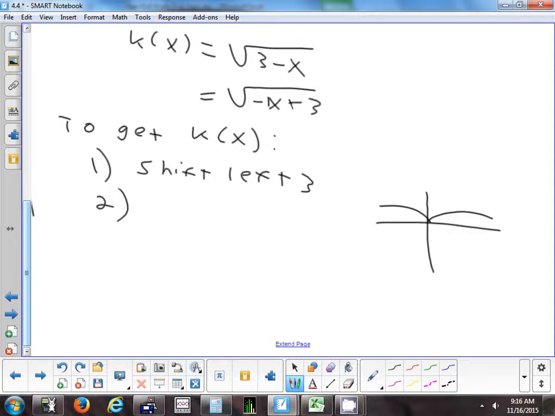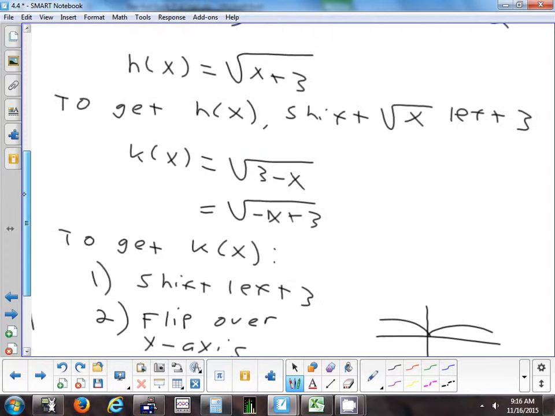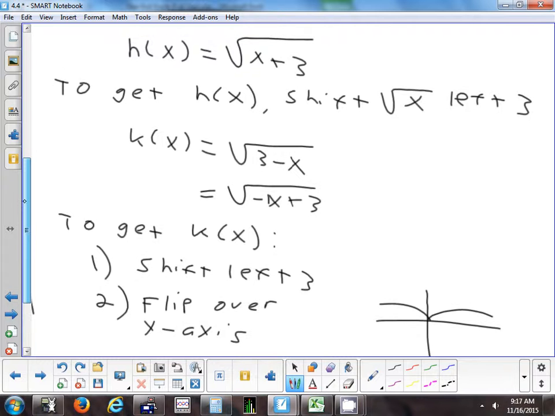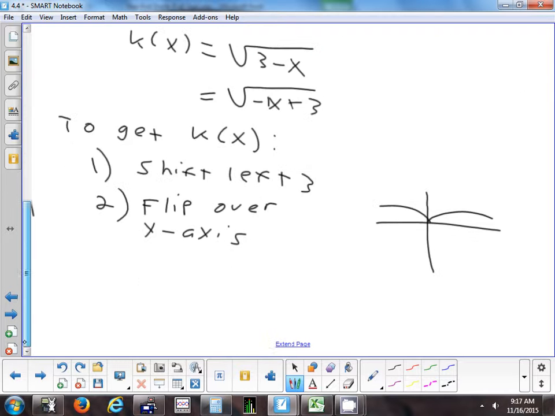If it flips vertically, like that, that's over the x. So just say flip over y-axis. You'll probably have a question on the test that says, here's a graph, here's the base one, tell me how to transform it. Any questions on that?